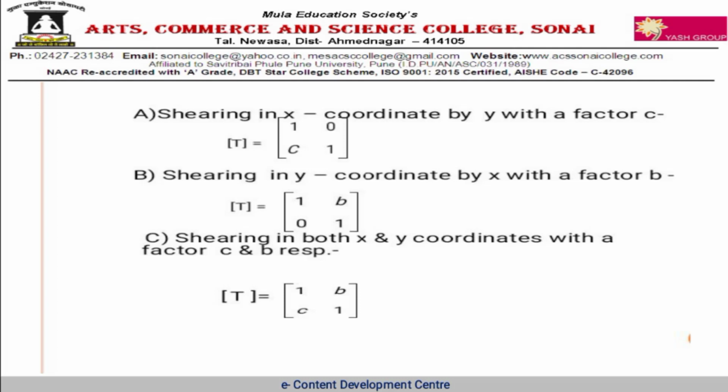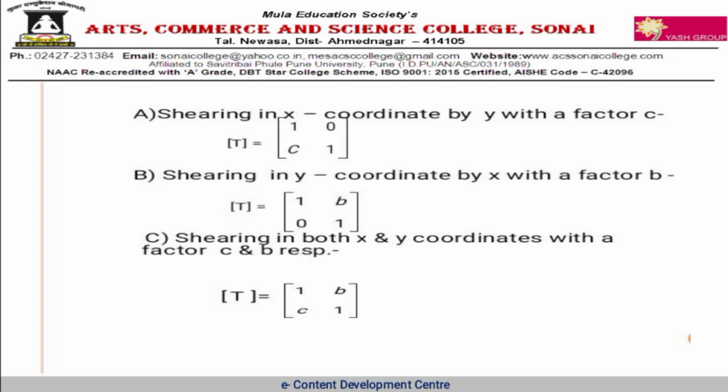Here we replace the zero element, the first entry of the second row, by a non-zero number, that is C. Next, shearing in y coordinate by x with a factor B. The transformation matrix T is given by 1 B 0 1. Here the second entry of the first row is replaced by a non-zero factor, that is B.